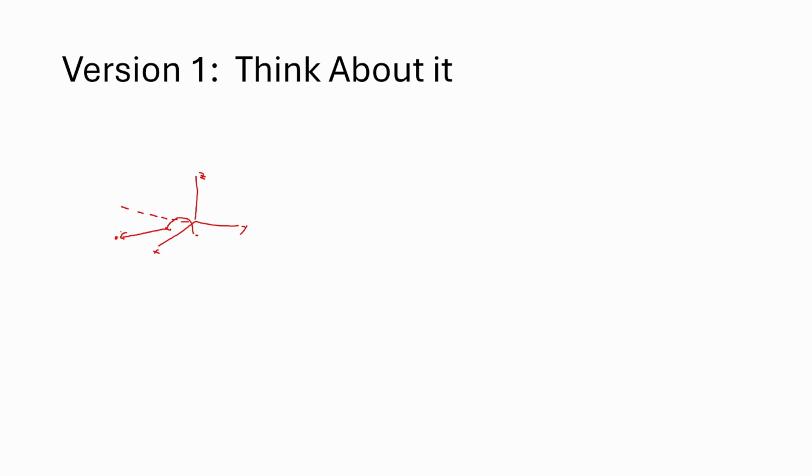This is a positive angle, so it's anti-clockwise around the y-axis. So I wish you could see this, but I'm not green screening it. Put my thumb on the positive y-axis and then rotate my right hand 90 degrees around to see which way it goes. And so it goes down this way.